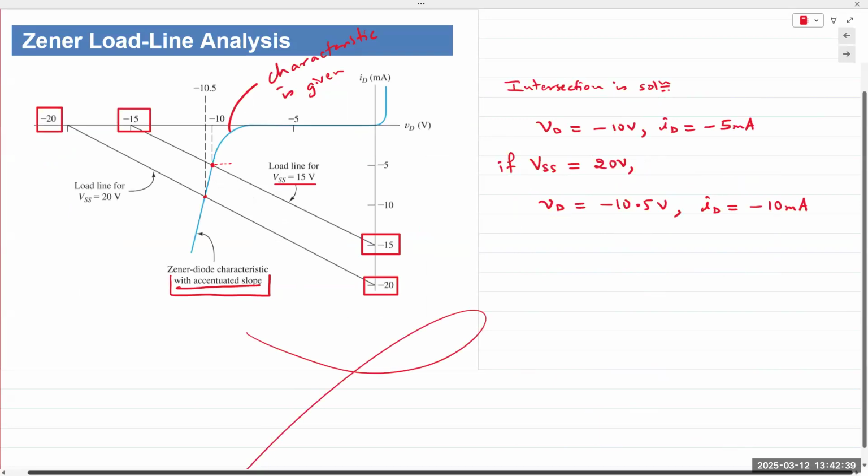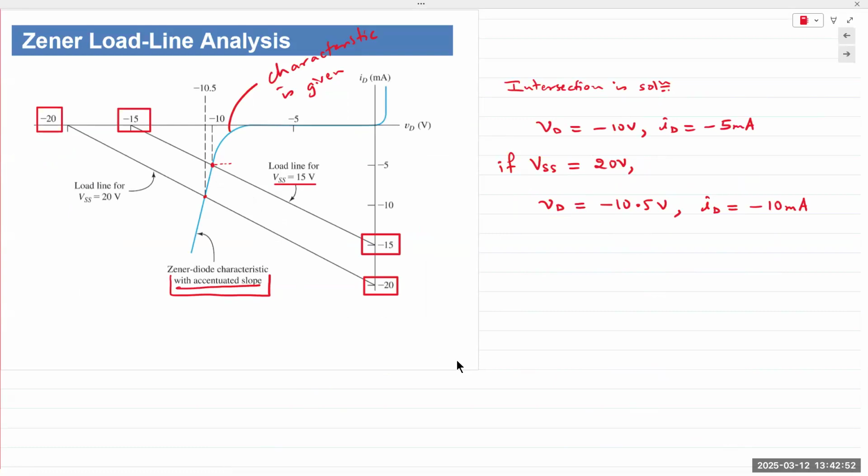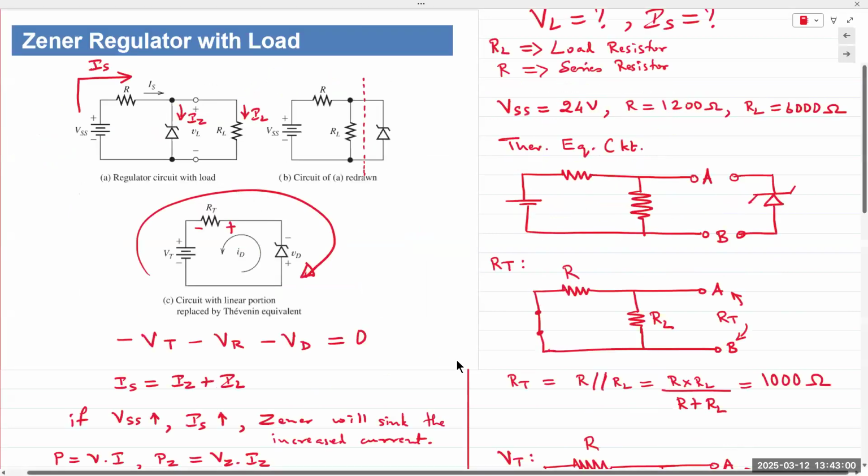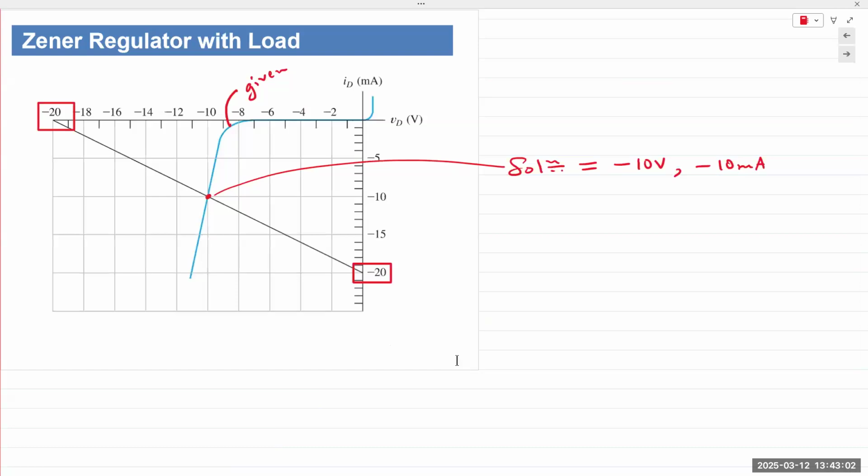So I won't assess that. Whatever problem you see in the exam would more likely than not be based on the Zener voltage regulator. No load line analysis of Zener diodes. Okay, Zener regulator with load.